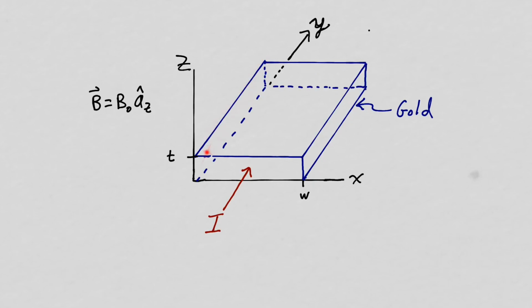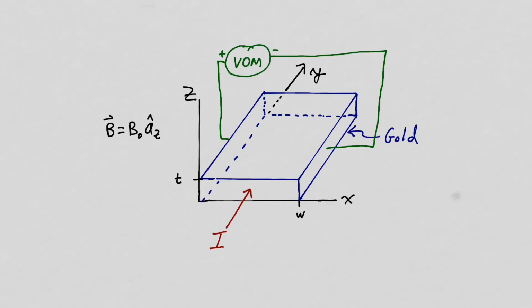Hall took a piece of gold that he formed into a rectangular shape like this, so he knew the thickness and the width of his piece of gold. With the coordinate axis as shown, he had a current flowing through the gold in the y direction, and he applied a uniform magnetic field in the z direction.